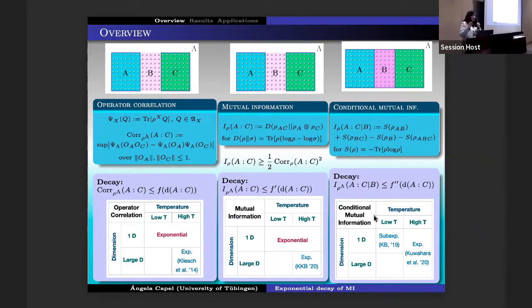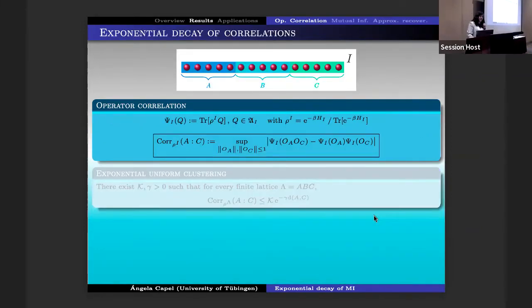Okay, so now that we have seen more or less the overview of these results, I'm going to proceed to explain each one of them. And we'll start with the first one, the one that concerns the operator correlation function. And now I'm just going to focus on 1D systems because this is where we are working on this paper. So I recall here the definition that I introduced in the previous slide.